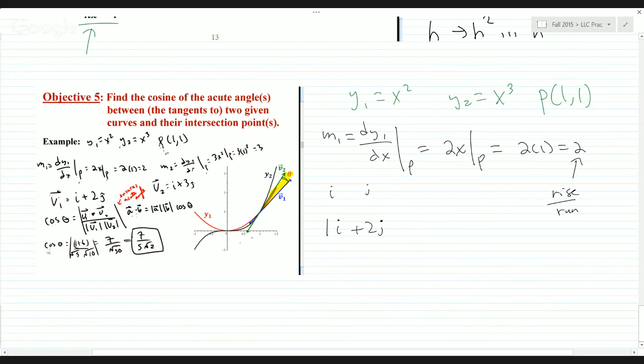If we had say a 3 here, this could be simplified to i plus 2/3 j, right? So that's why we always use the formula i plus m j, because we can always isolate it so that a coefficient is in front of j.